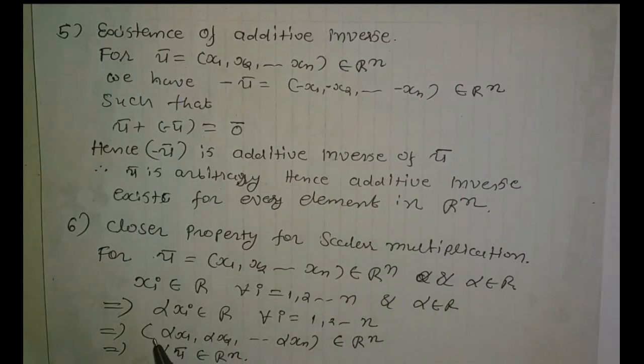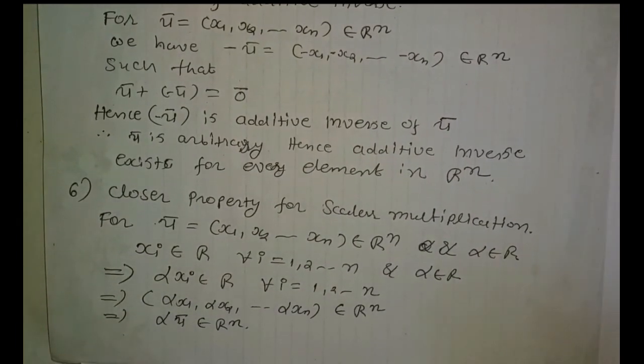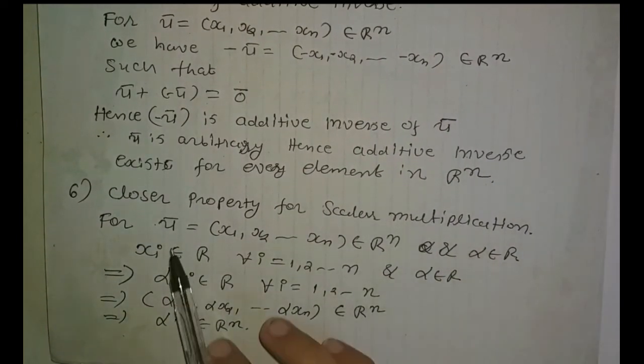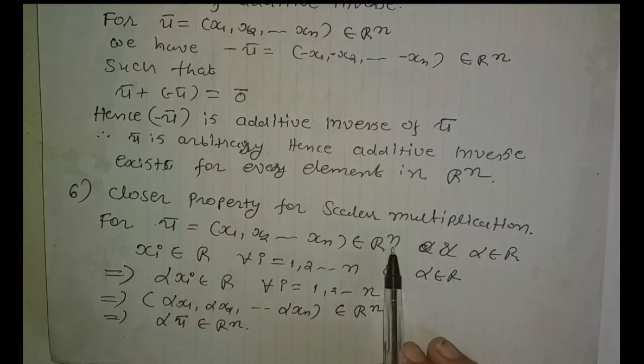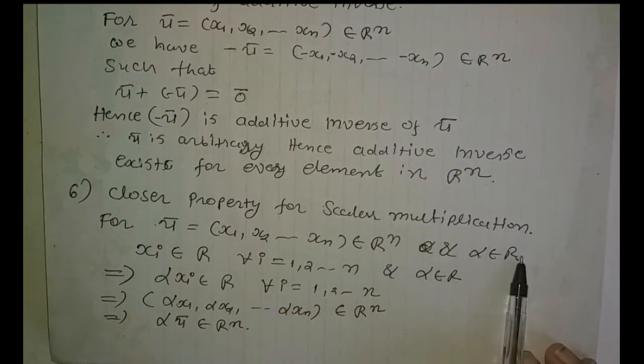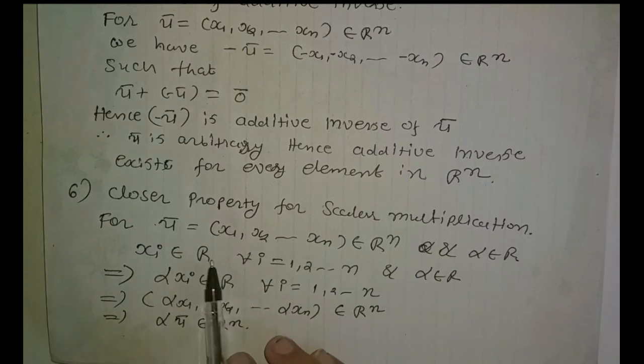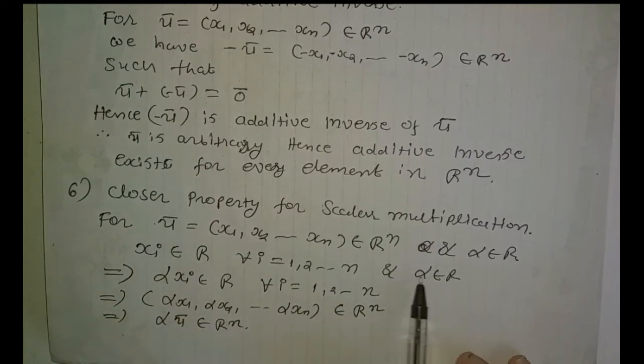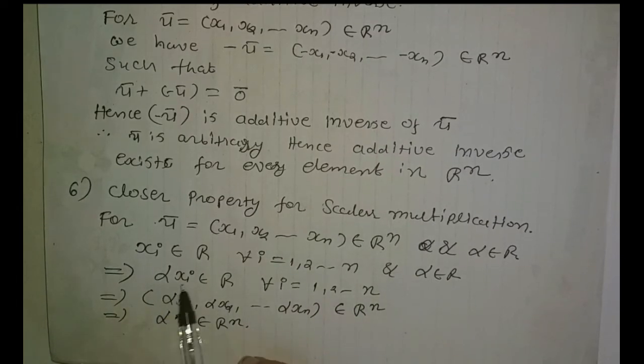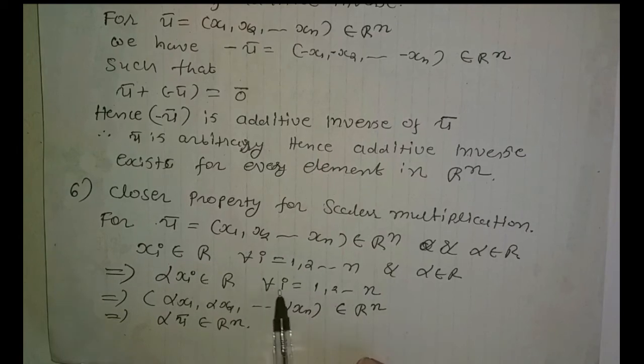First is the closure property for scalar multiplication. Consider vector u bar belongs to Rn and alpha belongs to R. Each xi is from R and alpha belongs to R. The multiplication of two real numbers is again a real number, so alpha xi belongs to R for all i running from 1 to n.